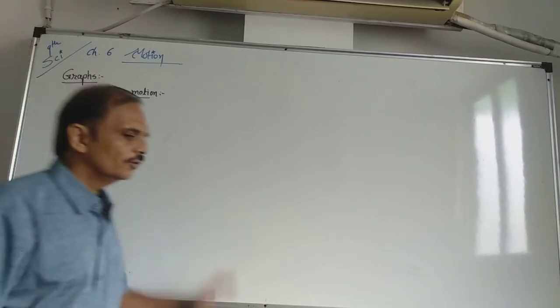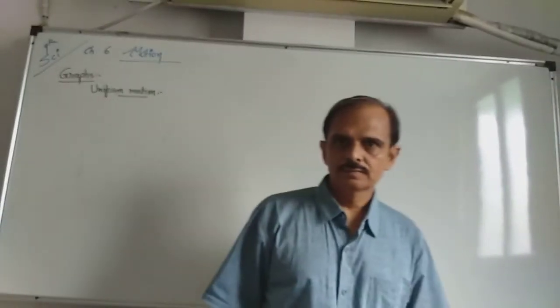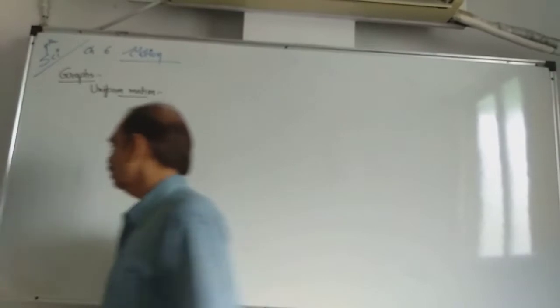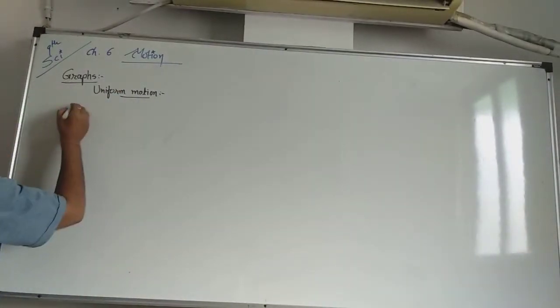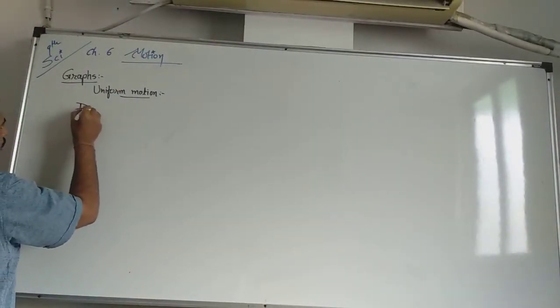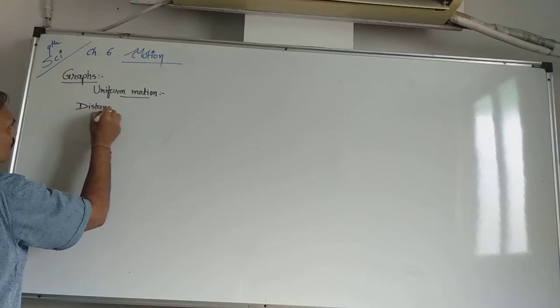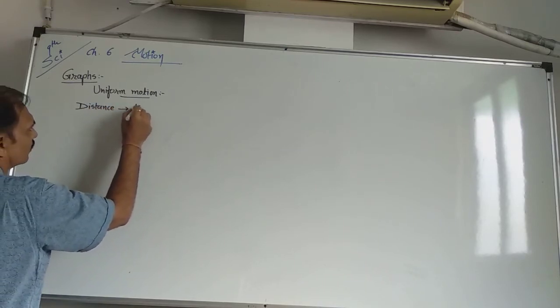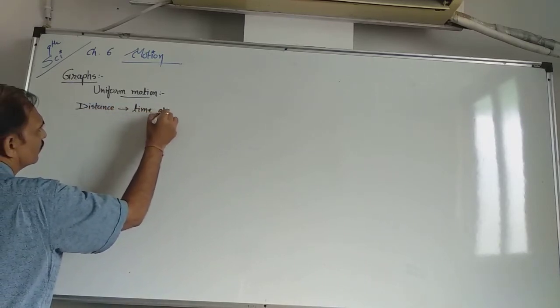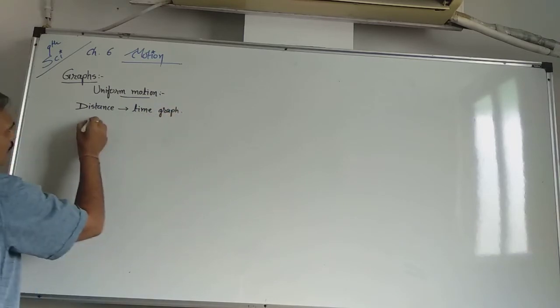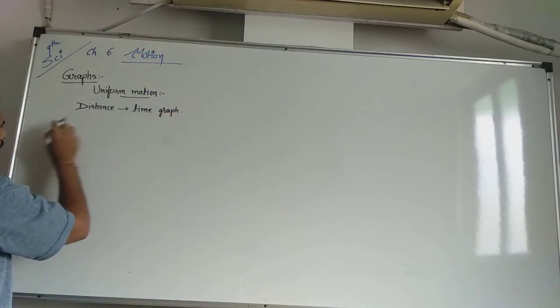Then it is called uniform motion, right? So here you have to draw the distance versus time graph. As an example, we take the data.